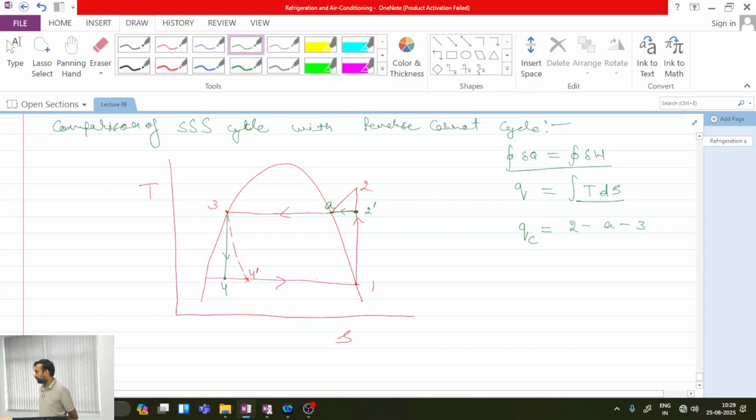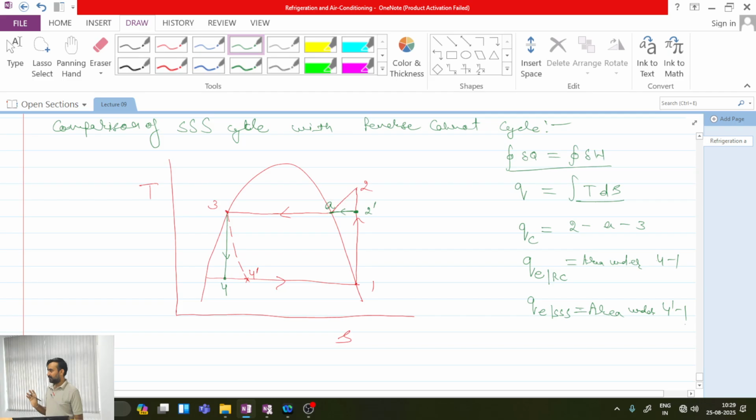And if I talk about the heat added to the refrigerant in the evaporator, then the heat added QE for reverse Carnot will simply be equal to the area under the 4 to 1 line, and for the triplet cycle it will be the area under 4 dash to 1.